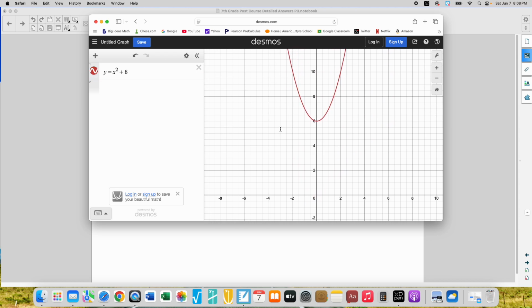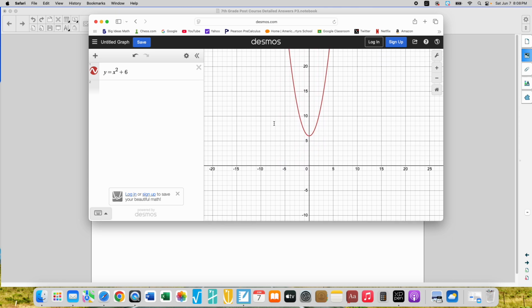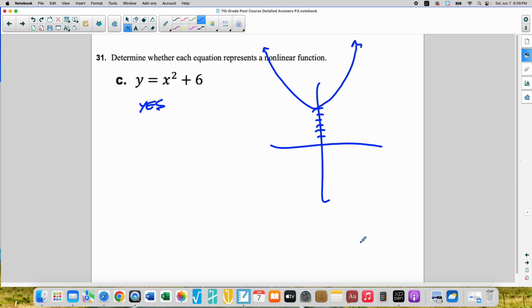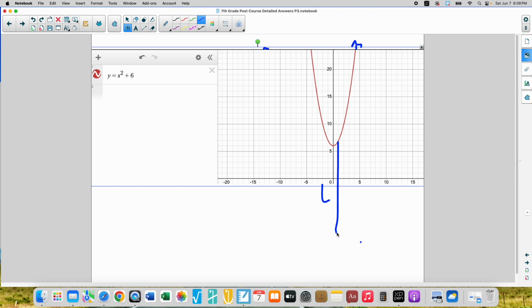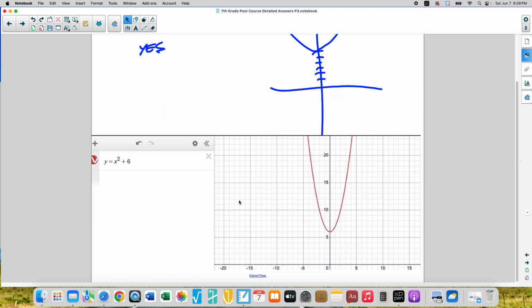Yep. And if we look at it like that, that looks just like my graph. So that's helpful. We'll paste it.